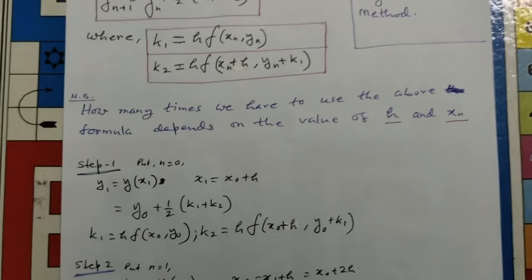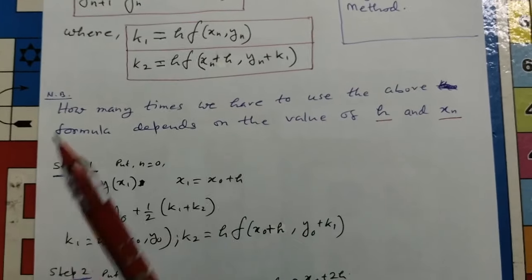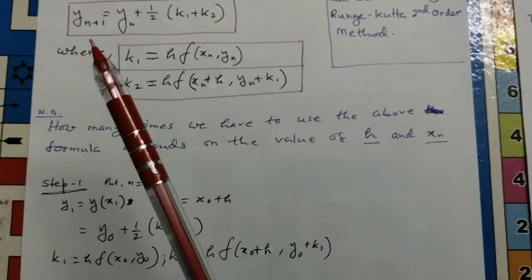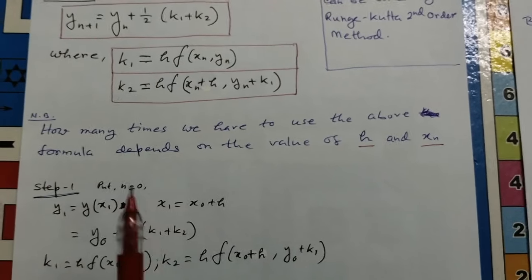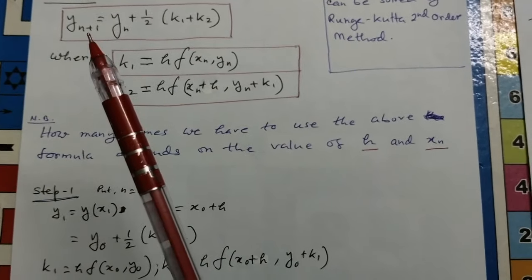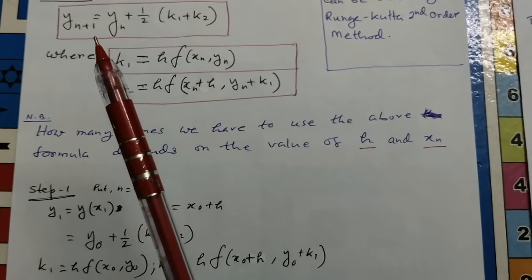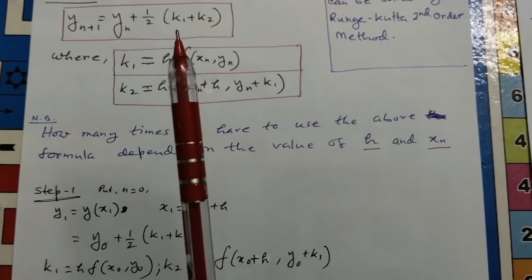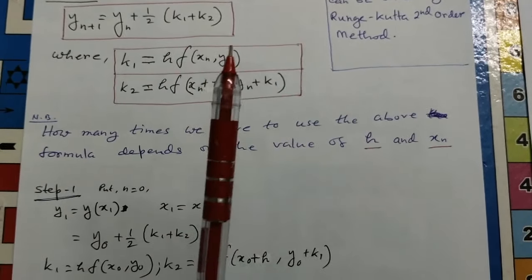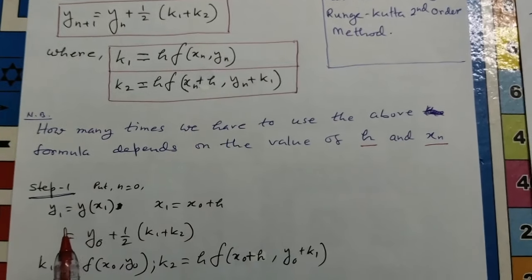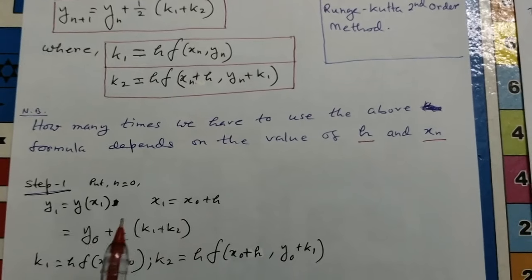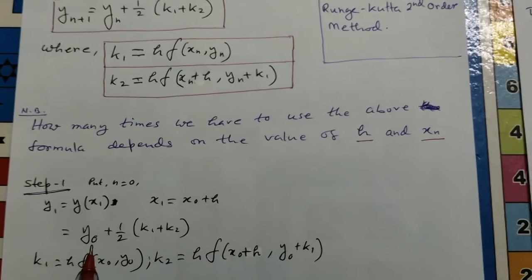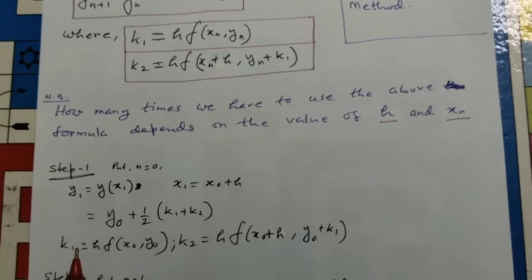Now suppose we want to find y1. We have to put n equals 0 in this equation. So if we put n equals 0, it becomes y1 equals y0 plus half of (k1 plus k2).